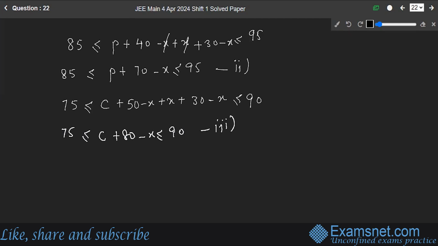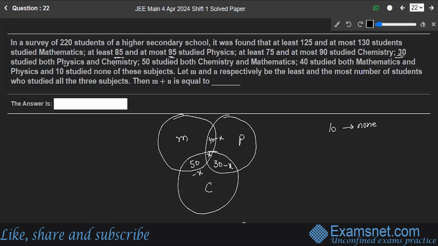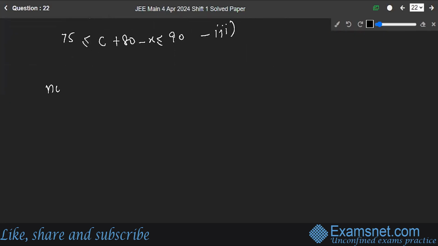Now it is said in the question that the students studied this. M plus P plus C, let's add all of them. That is these three. So now M plus P plus C plus 120 minus X plus X minus X minus X is equal to 210.